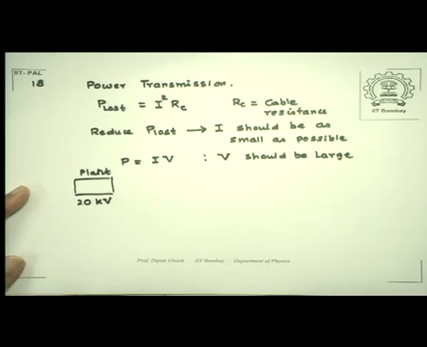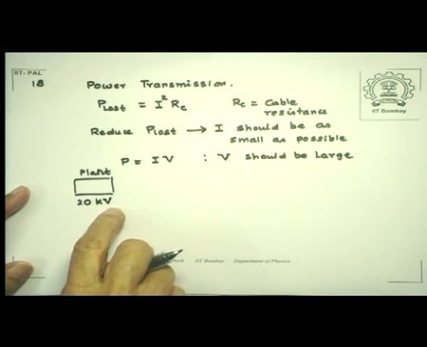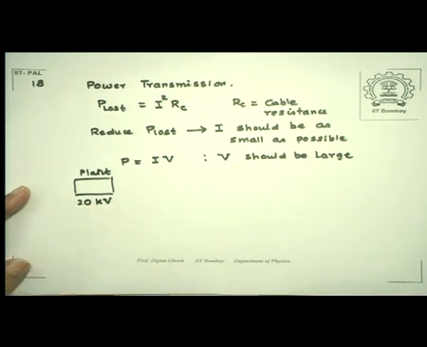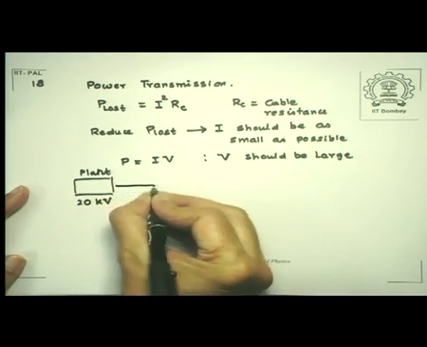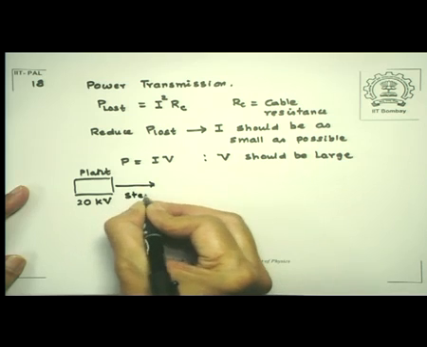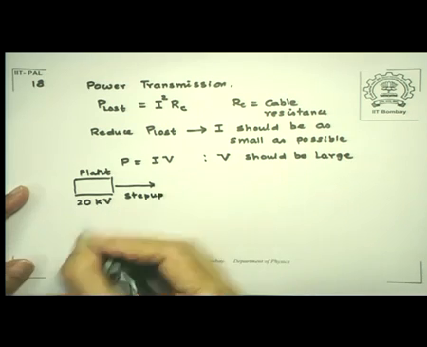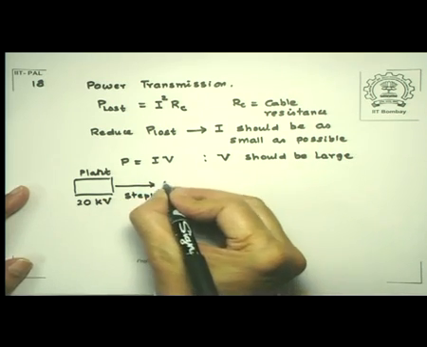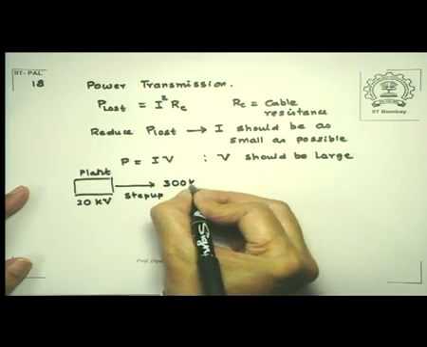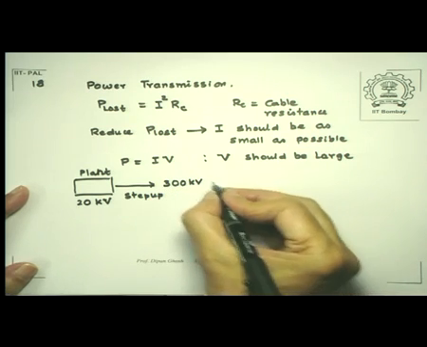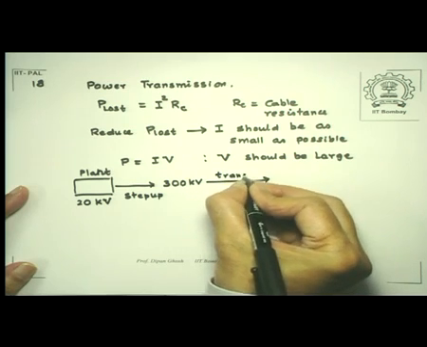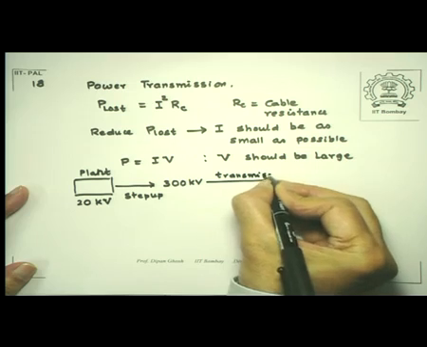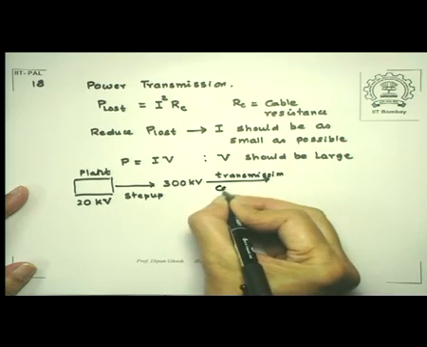Now what is done is that this is stepped up in order to reduce this loss. So I need a step up transformer. Suppose I make it some 200 kV or 300 kV, and then I transmit it. So this is transmission. This is where loss occurs. So cable loss.